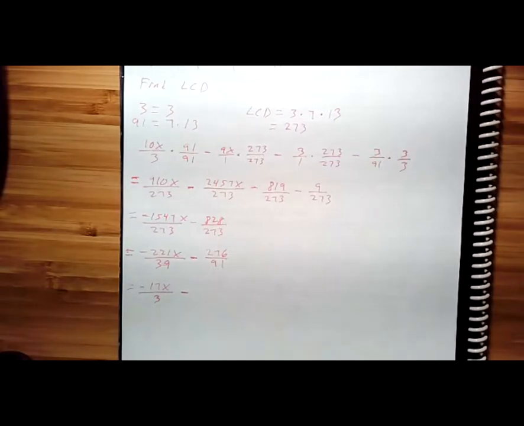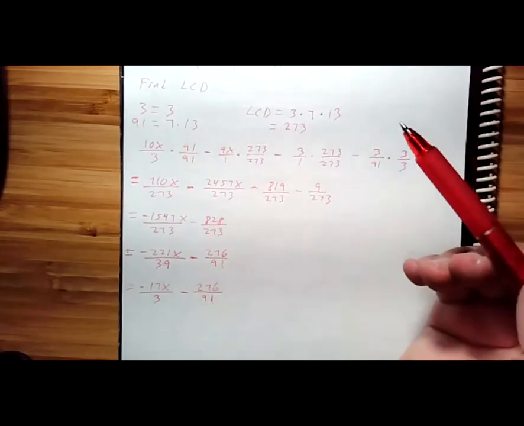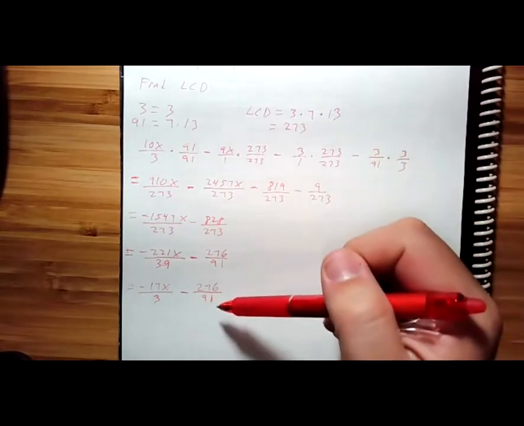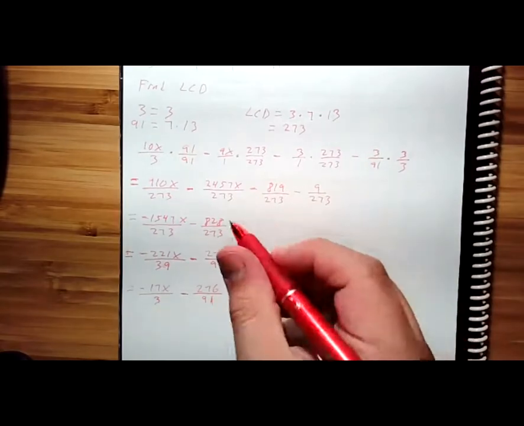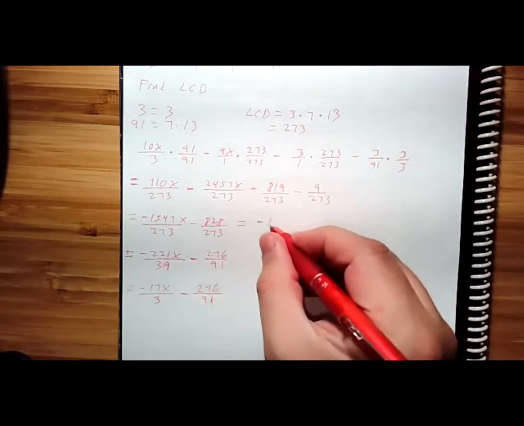Yeah, it just stays like that. Anyway, depending on what they're asking for, simplifying it all the way, if you keep them separate, would be like this. Or if you were to combine them into one fraction, you could have it this way.